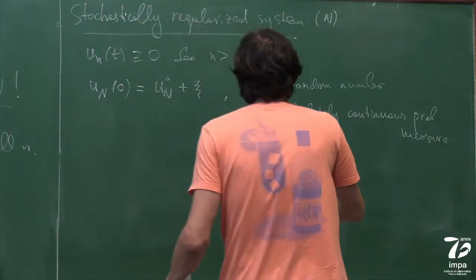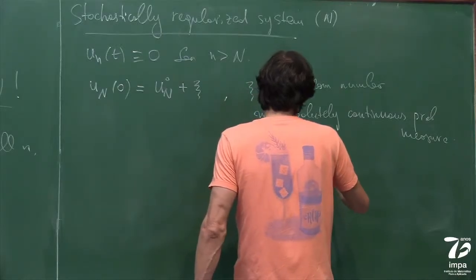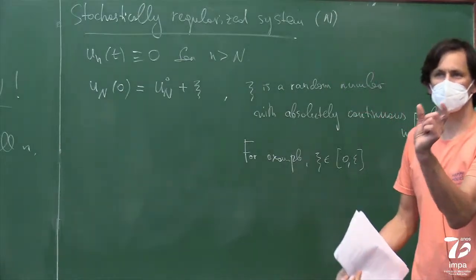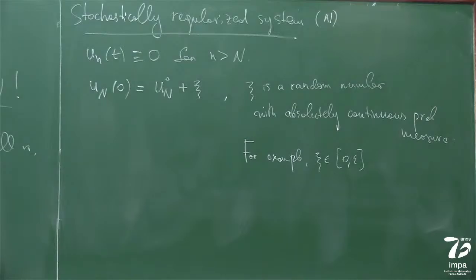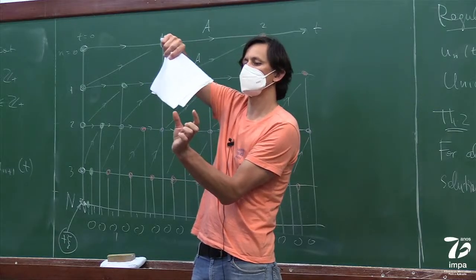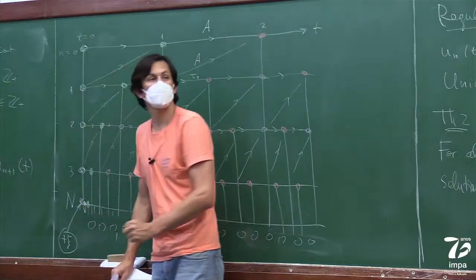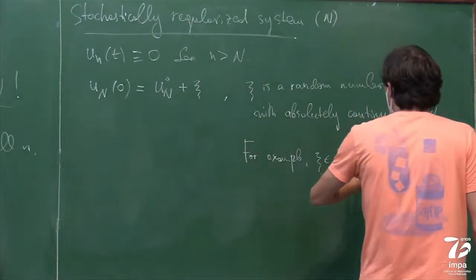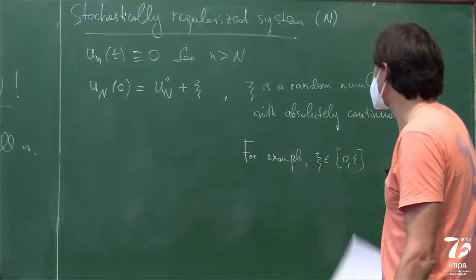So for example, C is uniformly distributed in some interval between 0 and epsilon. And we will see that epsilon doesn't matter. So we give a number which is whatever you want, for example distributed between 0 and epsilon, some small uncertainty. And we will see that apart from this condition, nothing is important. So it's okay.